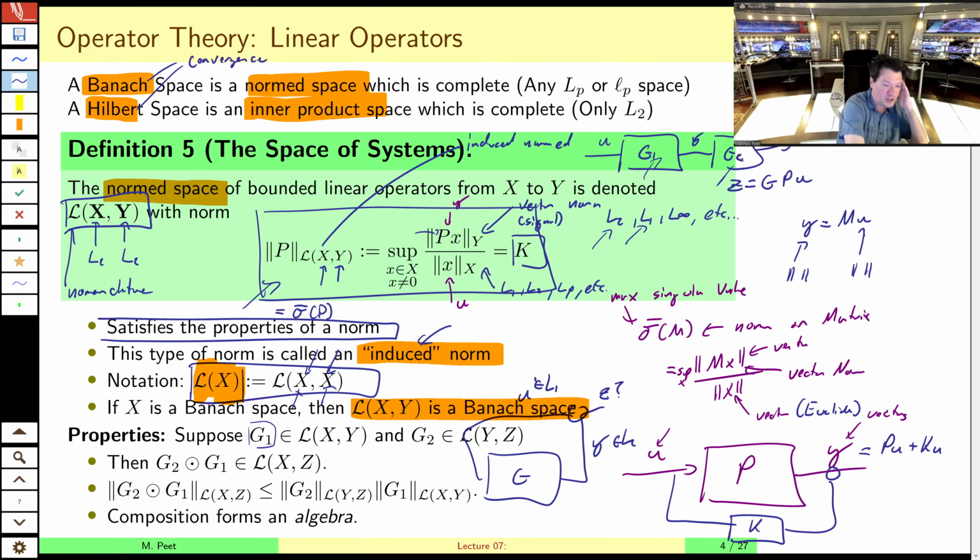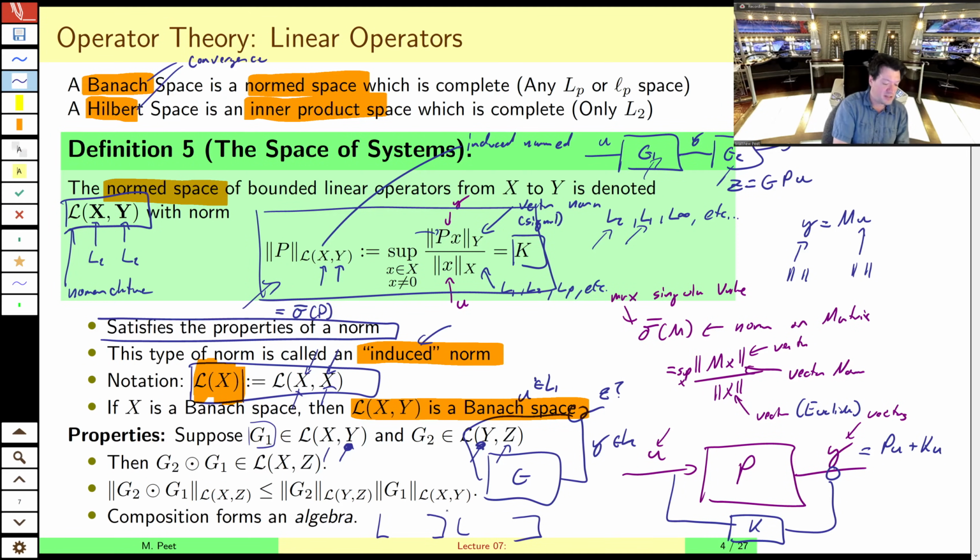G1 and G2. So obviously, if G1 maps X to Y, G2 needs to map Y to Z. So the input space from one system has to match the output space of another. Similar to how we need compatible dimensions in matrices. We can't have a skinny matrix and compose it with another skinny matrix.